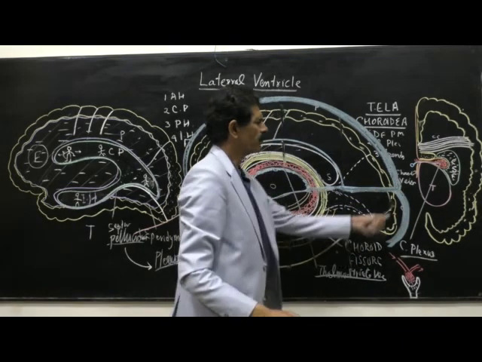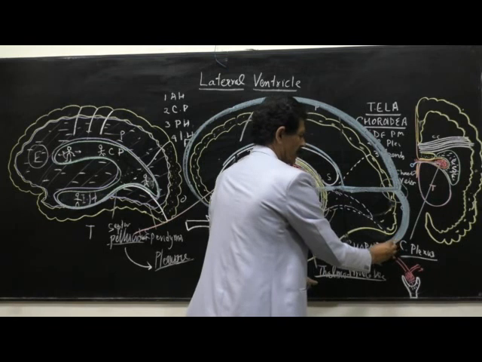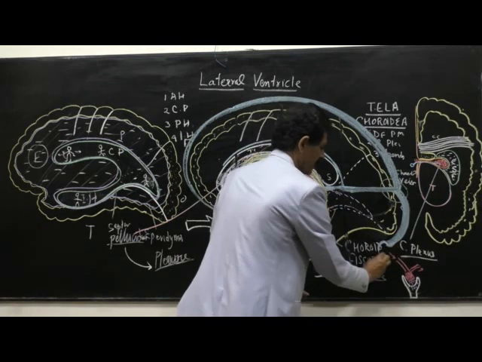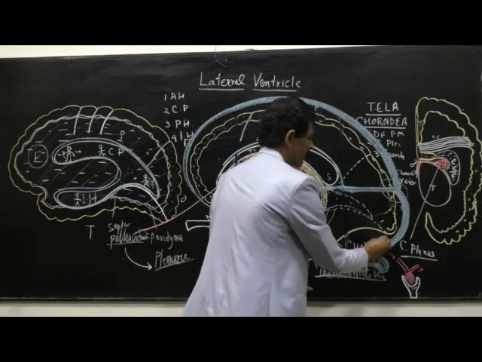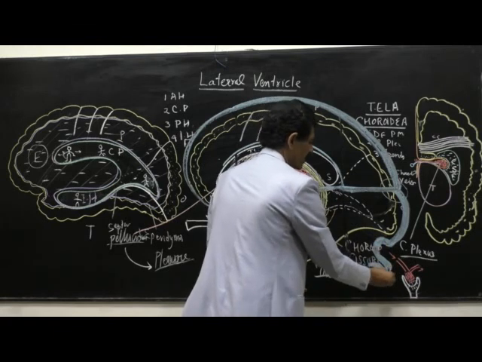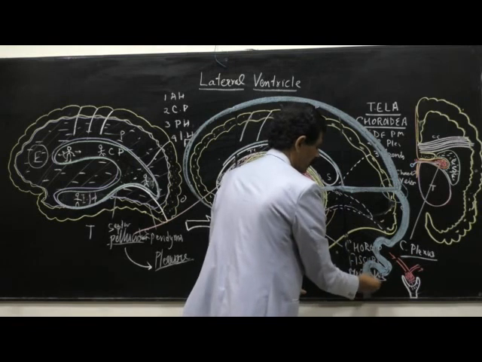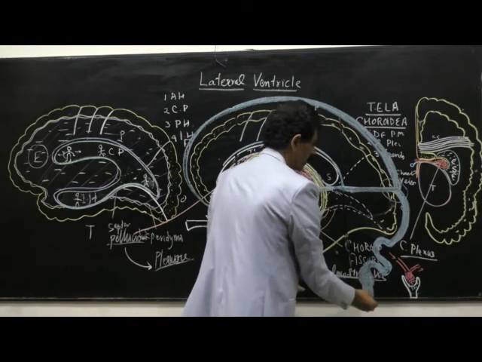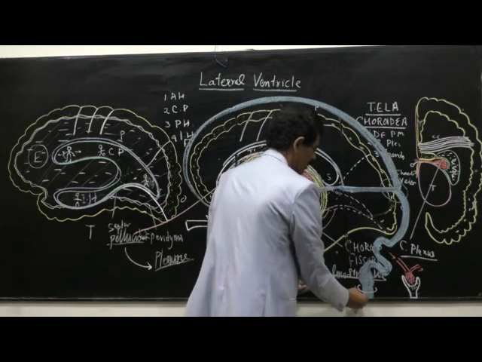So this place is called the confluence of the sinuses, and this transverse sinus then opens into the S-shaped sigmoid sinus in the posterior cranial fossa of the skull, and this sigmoid sinus then reaches the posterior part of the jugular foramen as the superior bulb, and then it leaves the skull through the posterior part of the jugular foramen as the internal jugular vein.